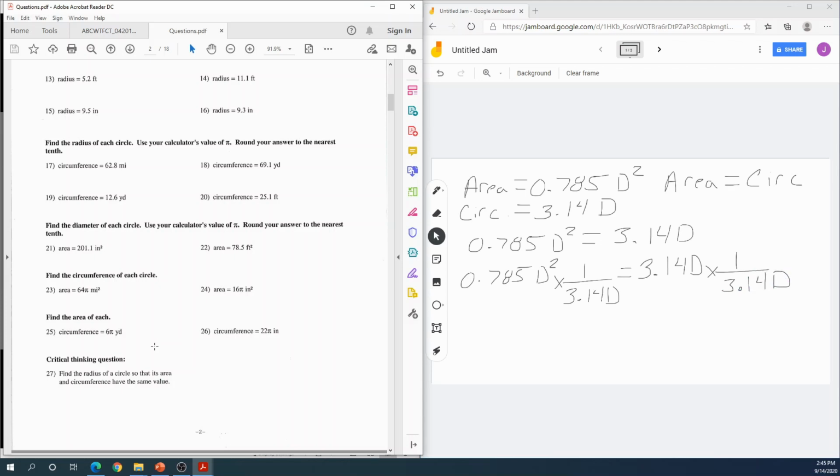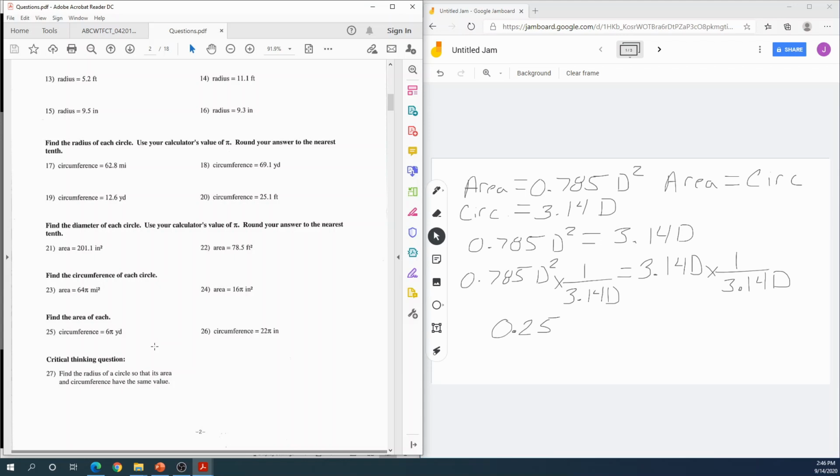Okay, so when we take the left side of our equation, we'll take 0.785 and divide it by 3.14. So we get 0.25.